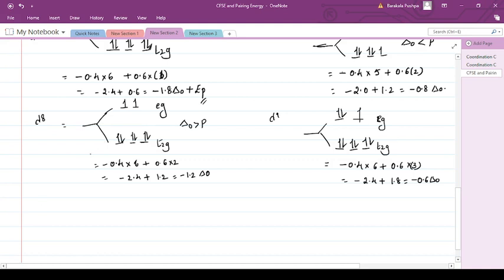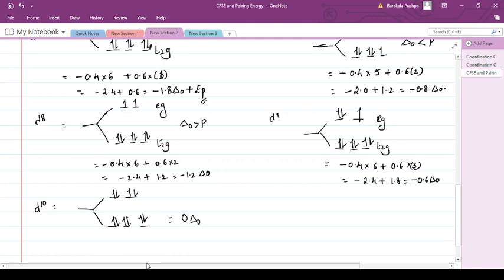Same with the d10 system, if you take the d10 system also, eg, t2g: 1, 2, 3, 4, 5, 6, 7, 8, 9, 10. Here also you can calculate the CFSE, it is zero delta O. So this is the concept of occupancy of d orbitals by electrons in octahedral complexes.